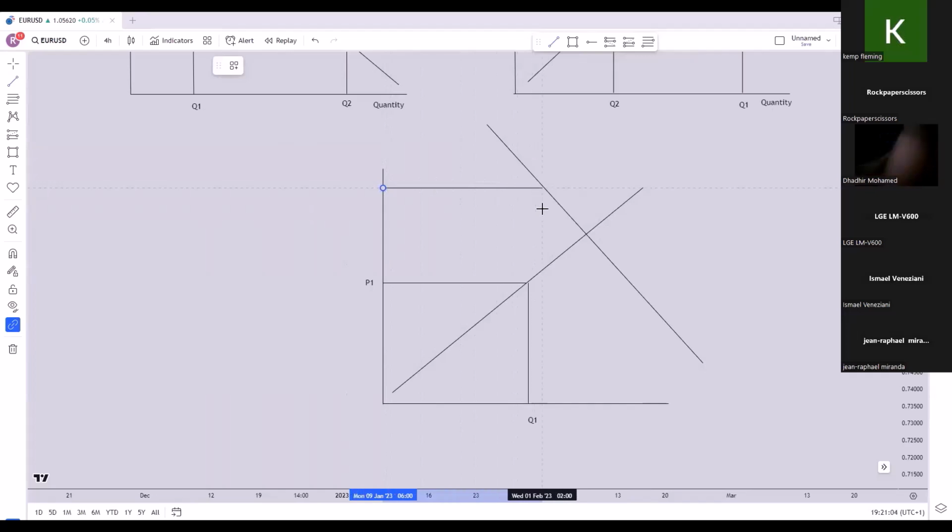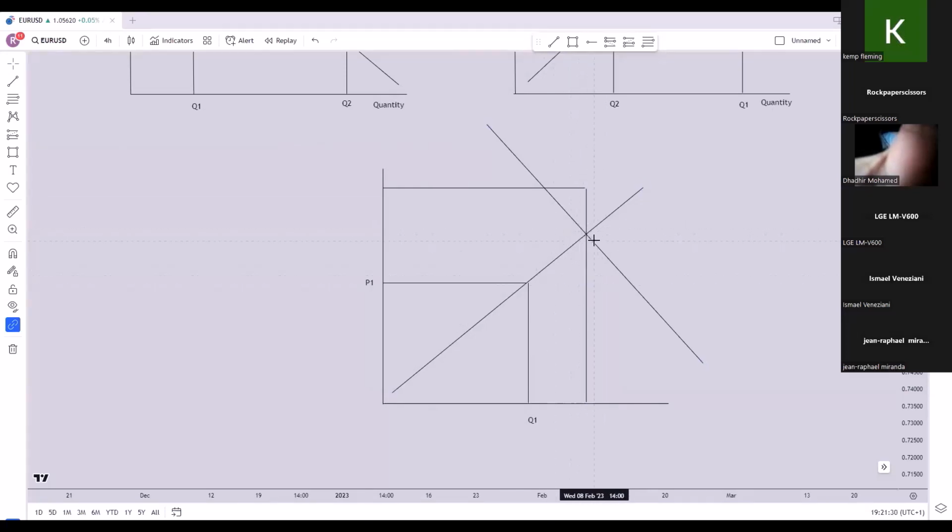So we can mark this out here. And we'll mark this one also. So now this is our new current market price, okay? Because this is where both buyers and sellers are now agreeing to trade.